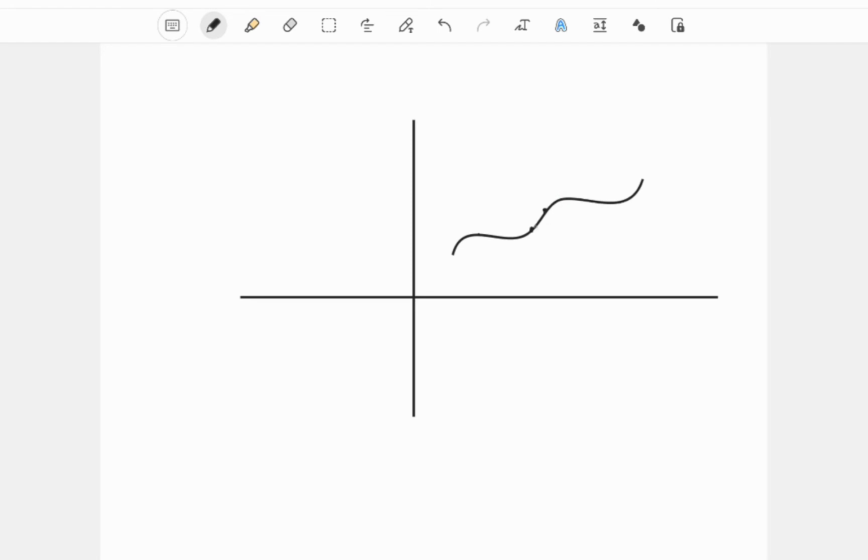If the particle moves from P to Q, then there is a change dx in the x coordinate and a change dy in the y coordinate. From the given equation, ds the whole square equals dx square plus dy square, and this gives ds.